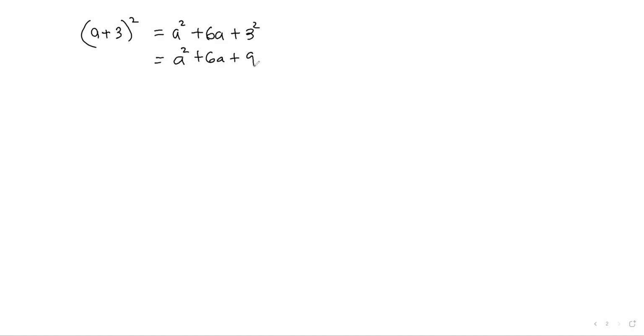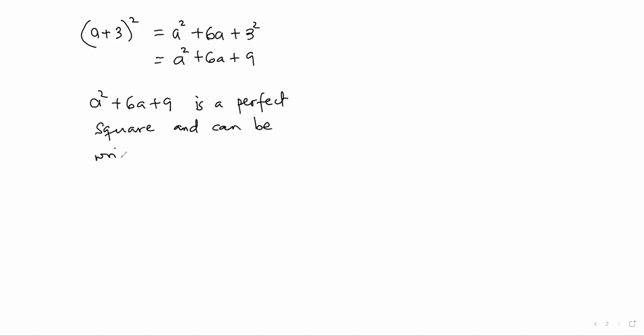So with this, we can see that a squared plus 6a plus 9 is a perfect square. It's a perfect square, okay? And can be written as a plus 3 all squared.